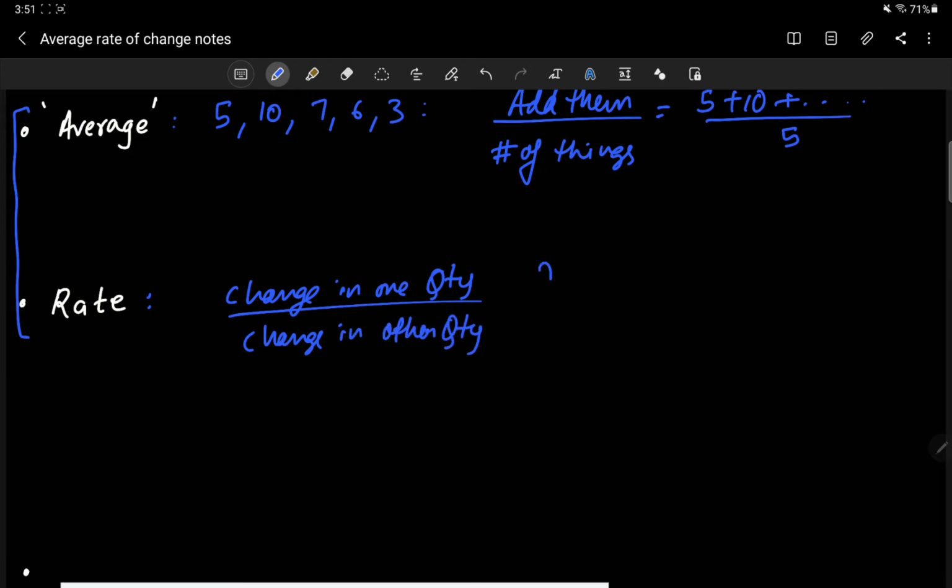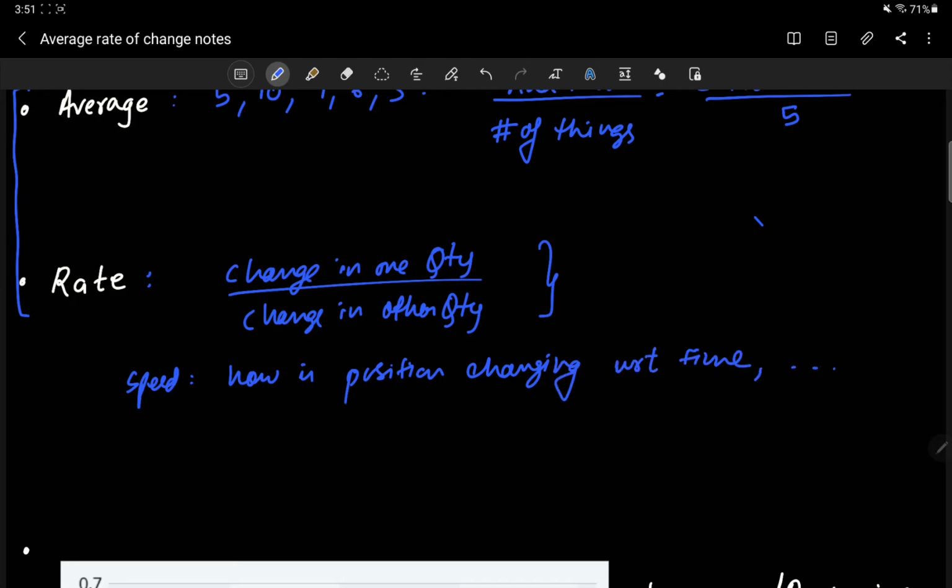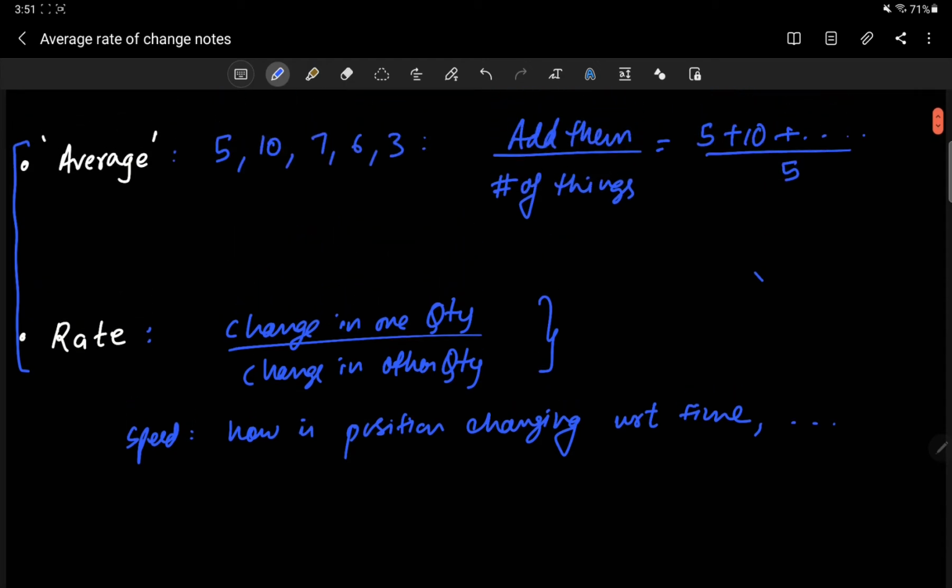So the rate tells you how something is changing with respect to something else. For example, speed tells you how position is changing with respect to time, and so on. That would be the rate.